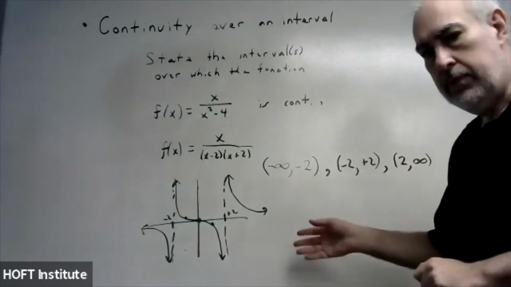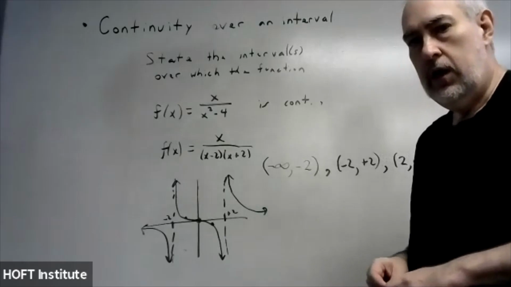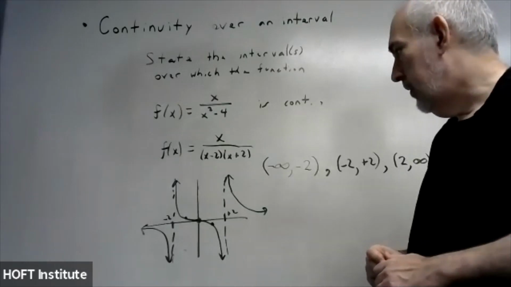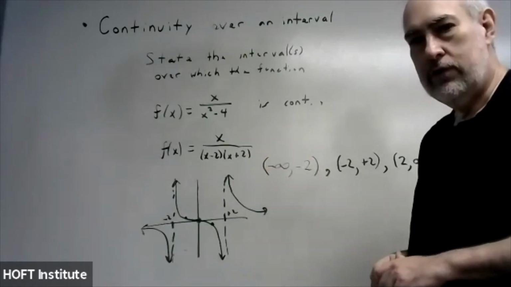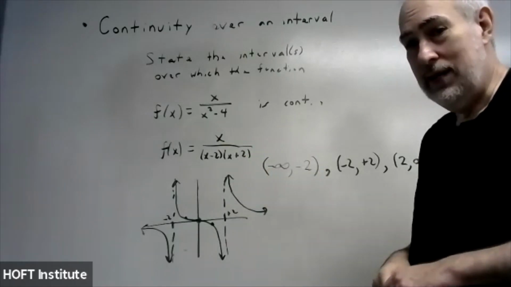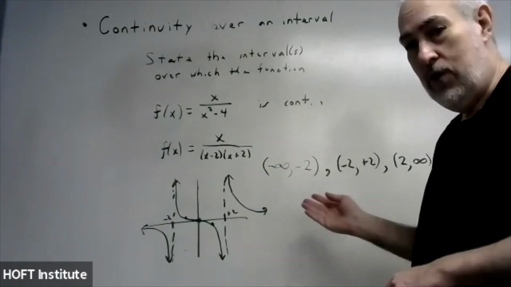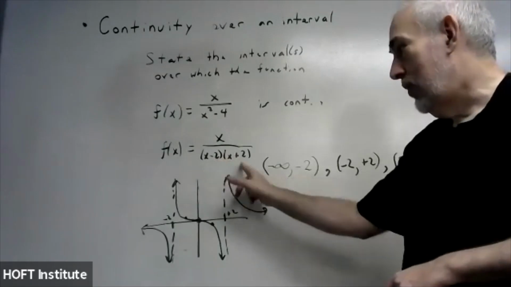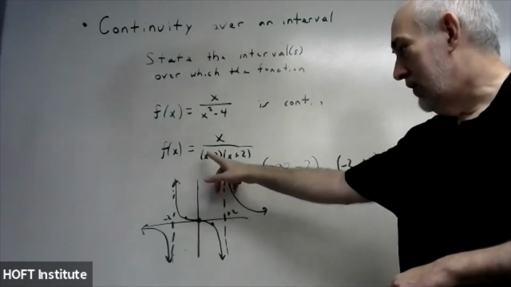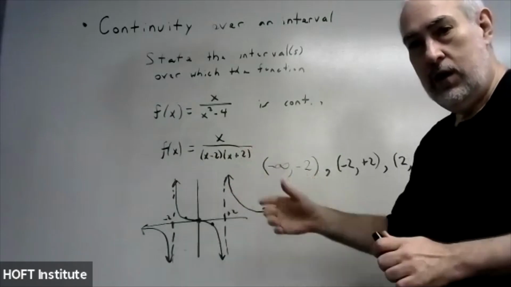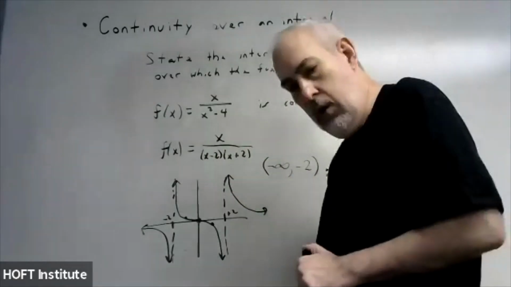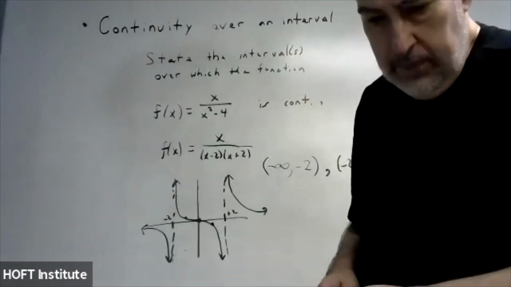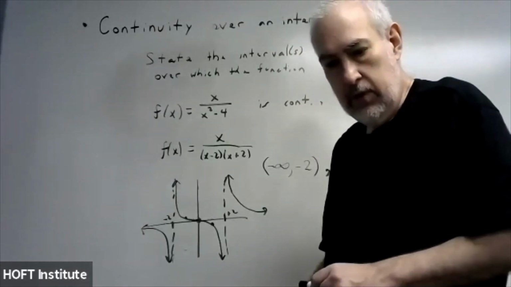As you see, it does help to do a sketch of the problem, although, like I said, rational functions are going to be continuous over their domain. So really, it's just everywhere except these 2 points where x is either 2 or -2, where you're dividing by 0. Okay, so I think that's enough about continuity over intervals.